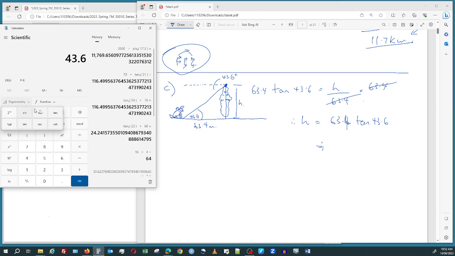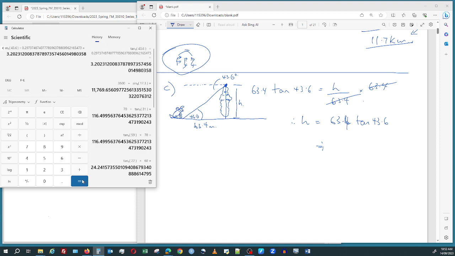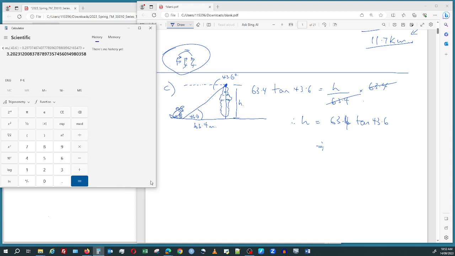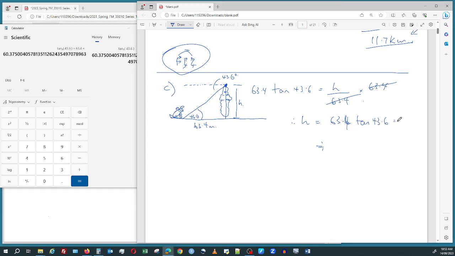I'll have the tan of that, please. I pressed the button too quickly. 43.6, I'll have the tan of that, please. And we'll multiply that by 63.4. Get 60.37, which will round to 60.4 metres. Very good.